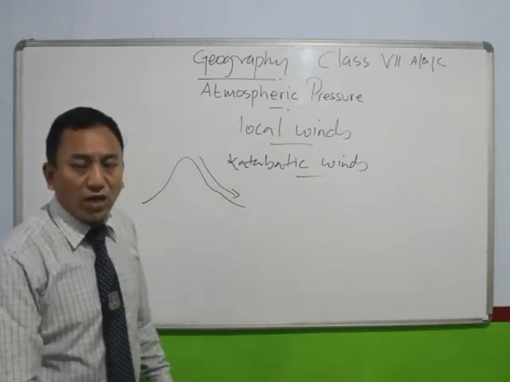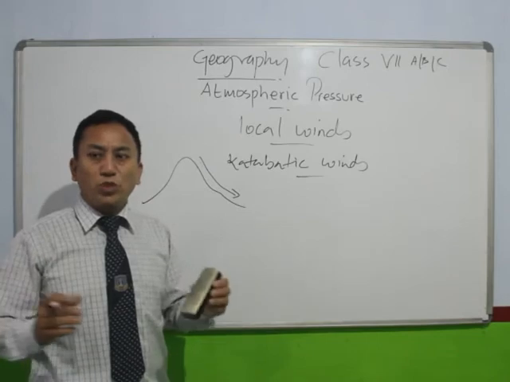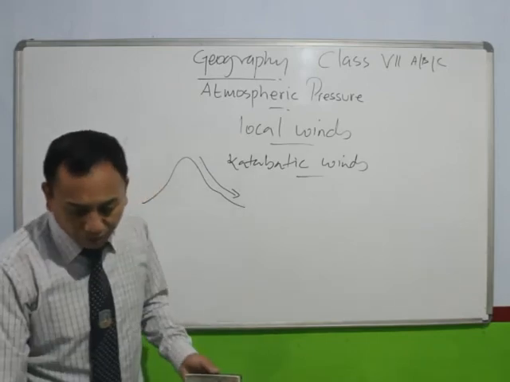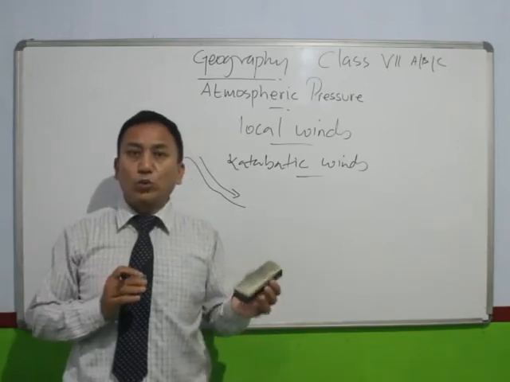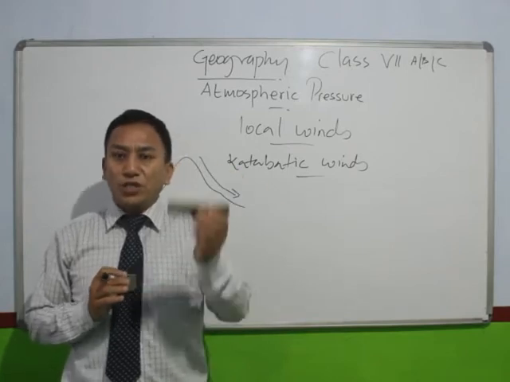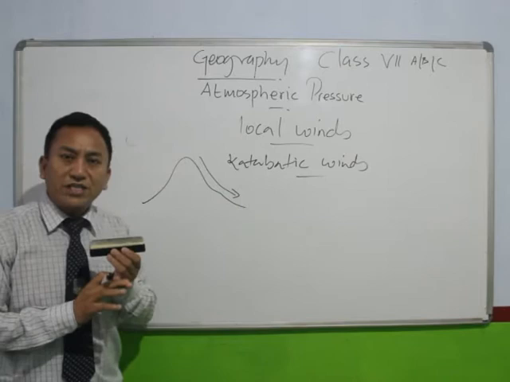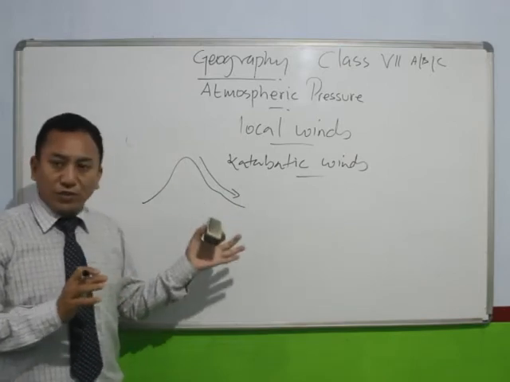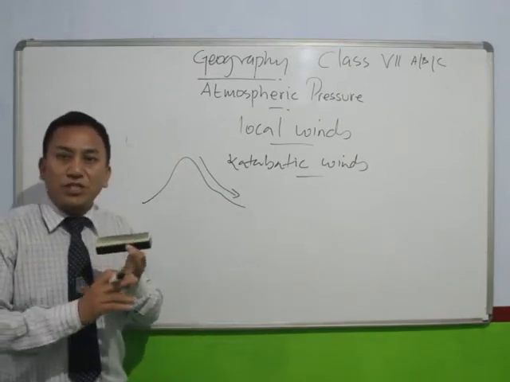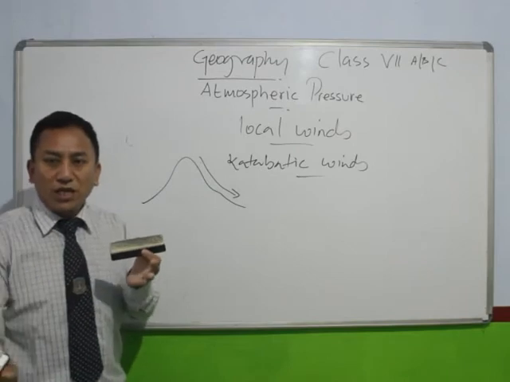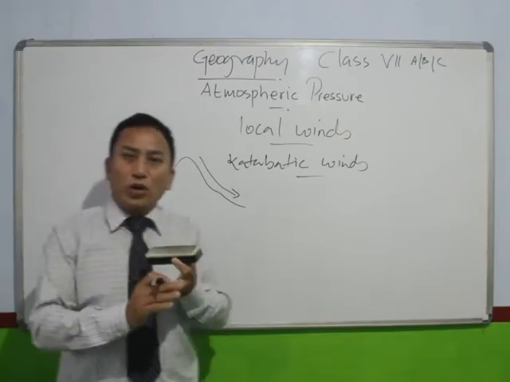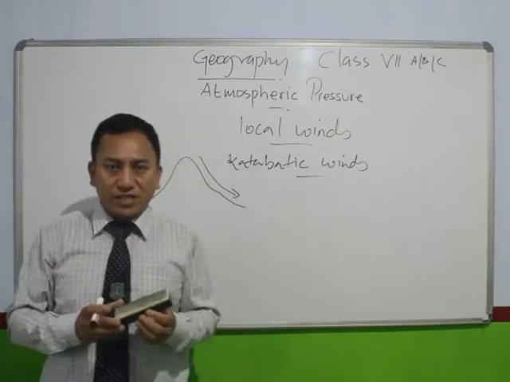Now we have some cold winds as well as warm winds which blow. For instance, among the cold winds, Mistral in southern France is an example. Then we have southerly busters, which blow in Australia. Then we also have Bora, which blows in the Hungarian basin.